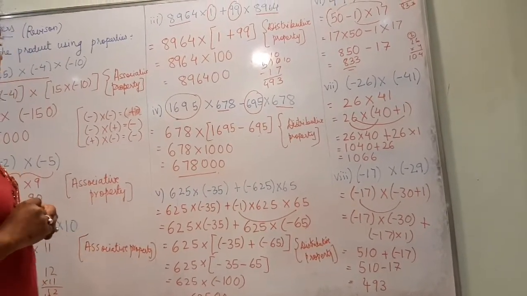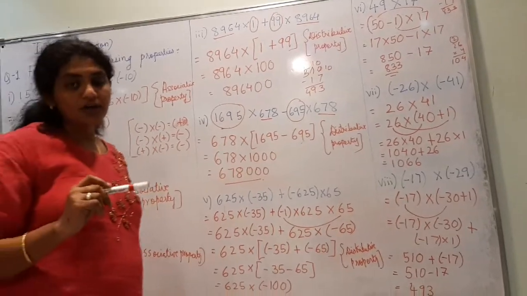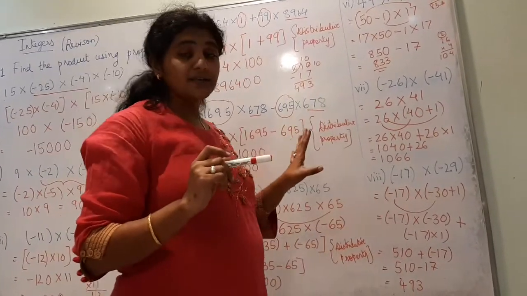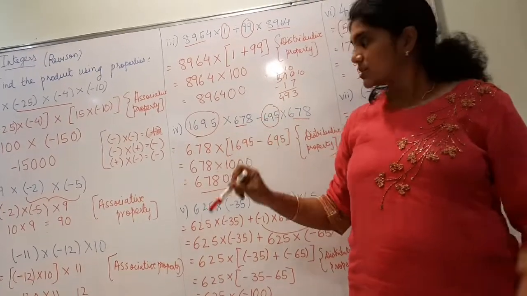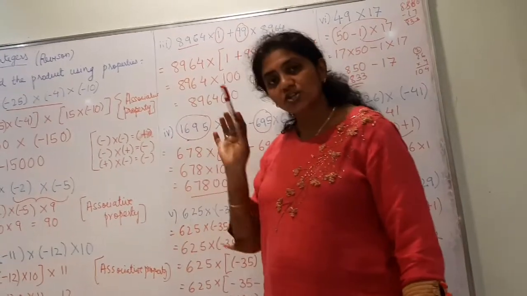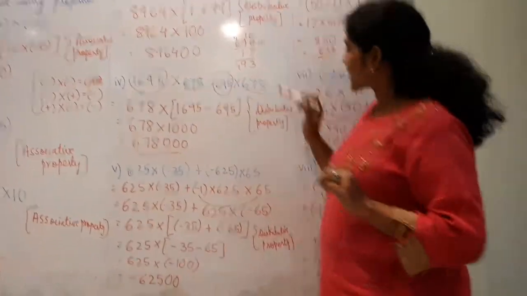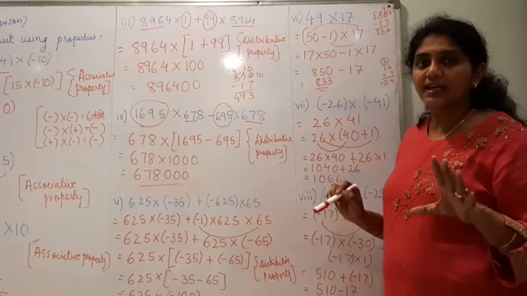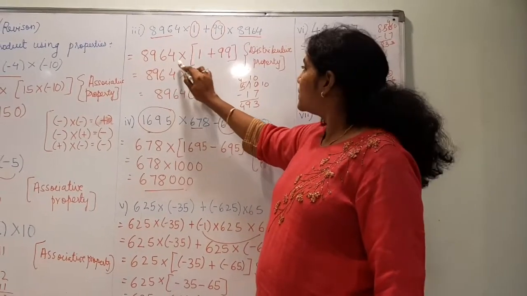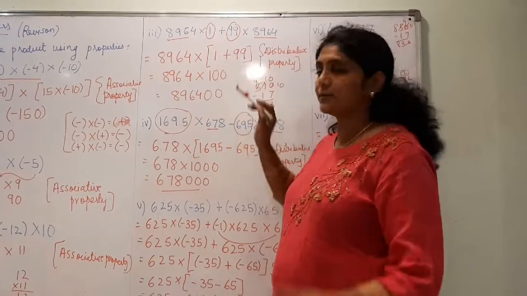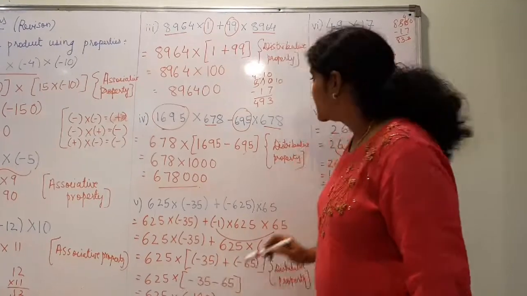So I have solved all the problems related to your properties, where in this part you get confused. The first three are the associative property, rearranging the things. Second is the distributive property. Here you have to take the common thing out, multiplied by the uncommon inside.